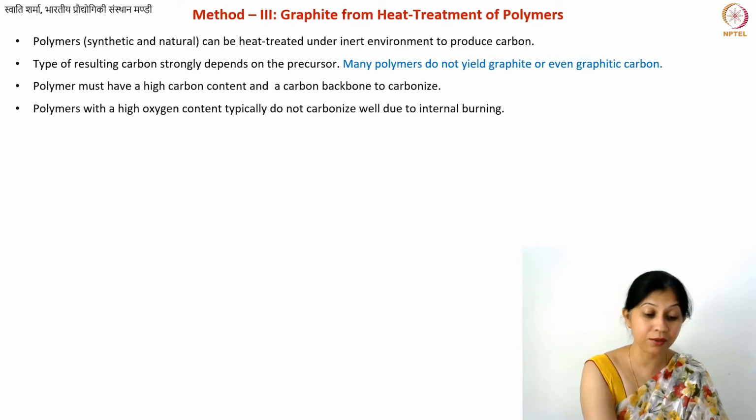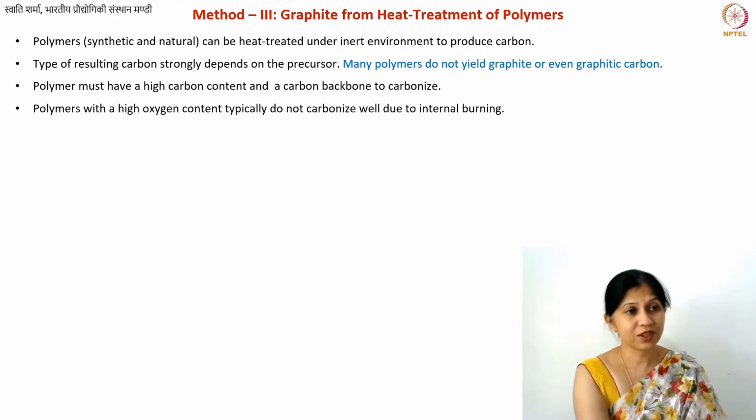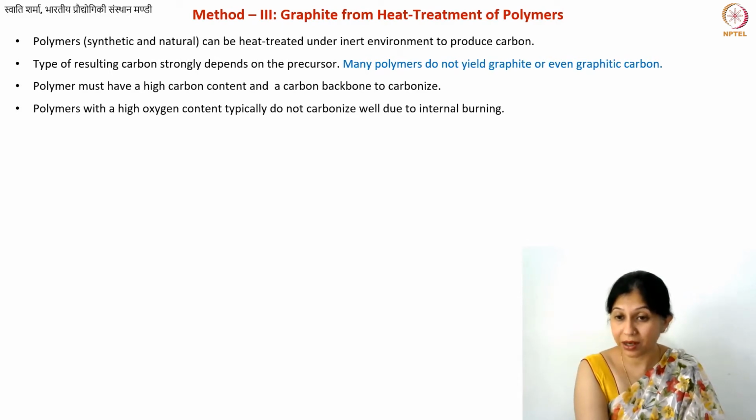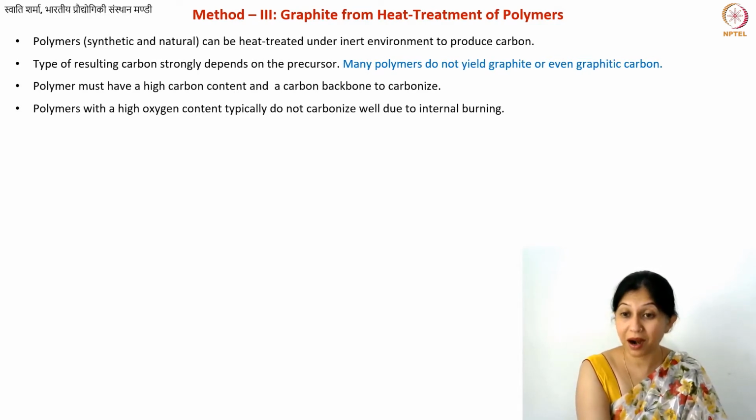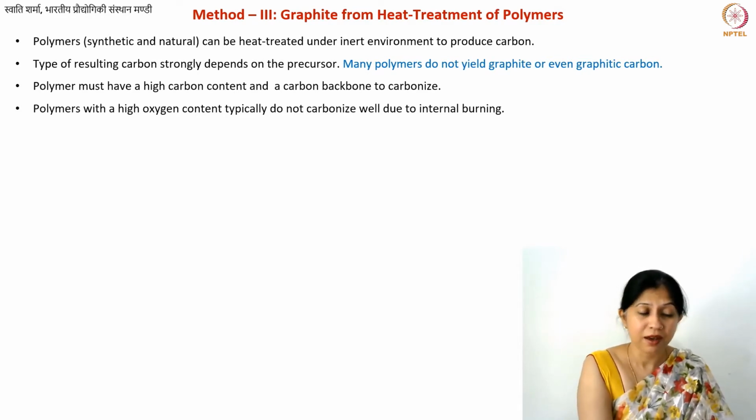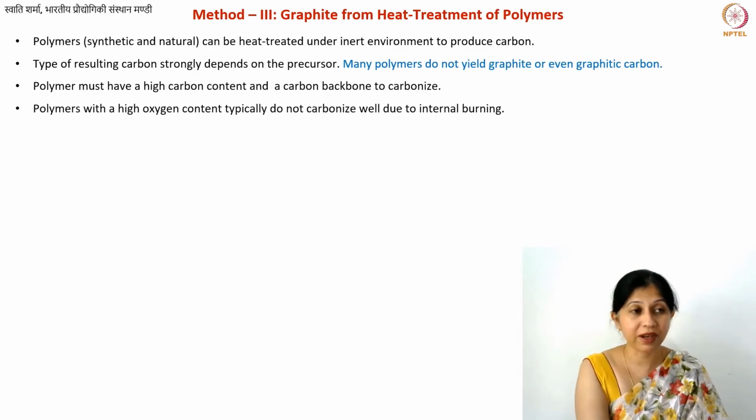When you have any new material, you can guess whether or not it is a carbon backbone polymer. For example, if you have PDMS, which is a silicon backbone, silicon based polymer, you can already say there is very little possibility that this will give me any carbon. And even if it does give a very small fraction of carbon, definitely the shape that I have made will be lost. I will just get some residual carbon.